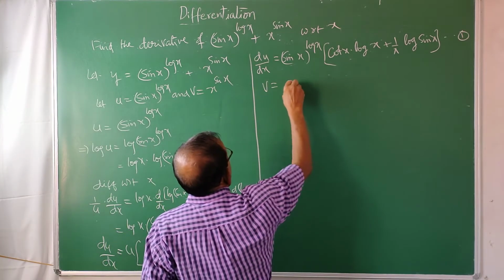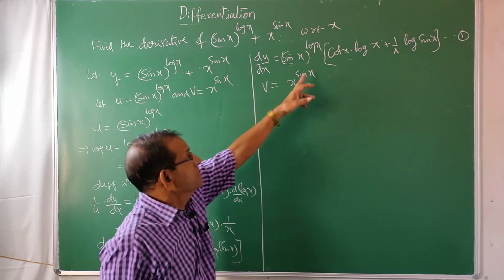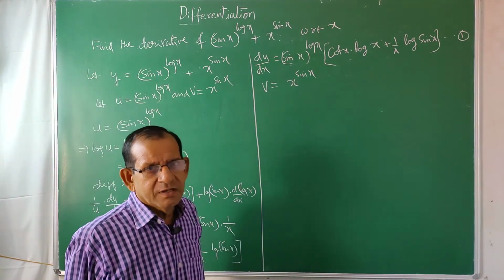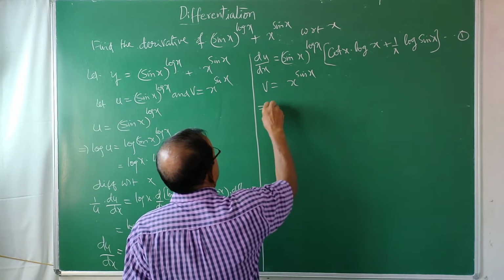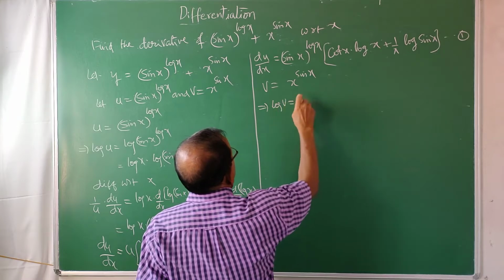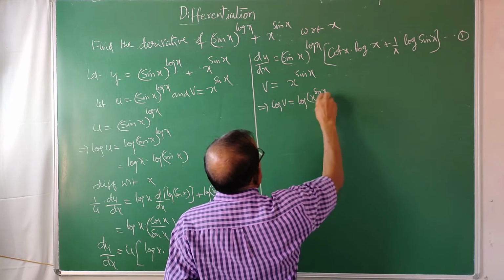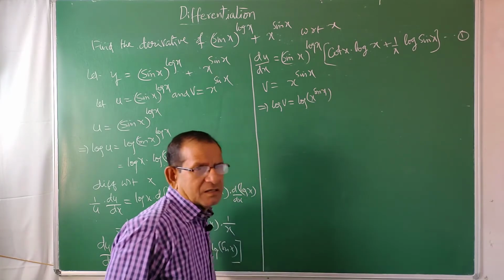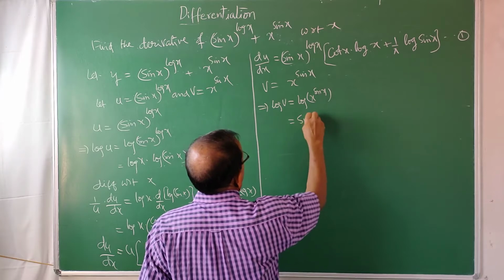V is equal to x power sin x. Here also variable is there in the power. So it is compulsory to take log on both sides. That implies log v is equal to log of x power sin x. So sin x will become multiple. So sin x into log x.